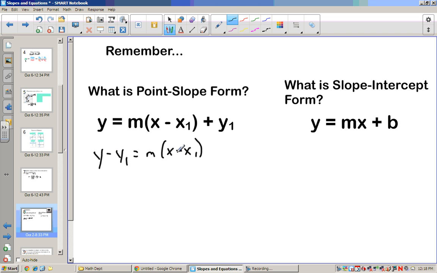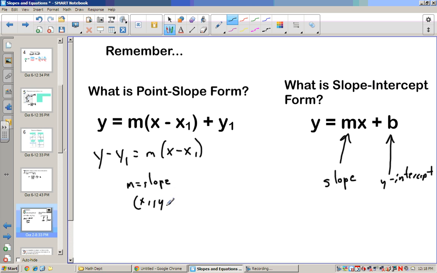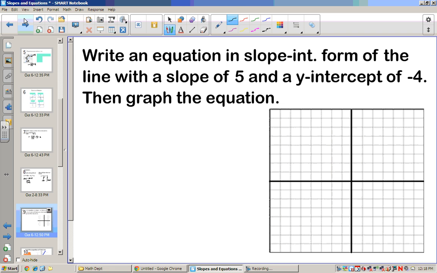Both of these are acceptable, but slope-intercept form always looks like this, where m is the slope and b is the y-intercept. And in point-slope form, m again is the slope, but now we have a point, which is x1 comma y1. Hopefully this makes sense as we go through these problems.